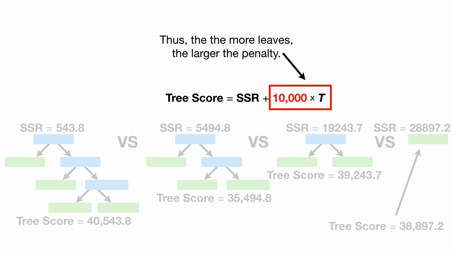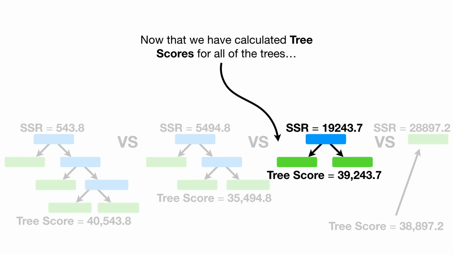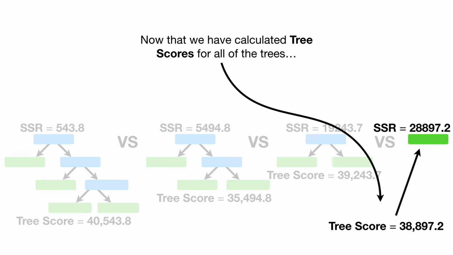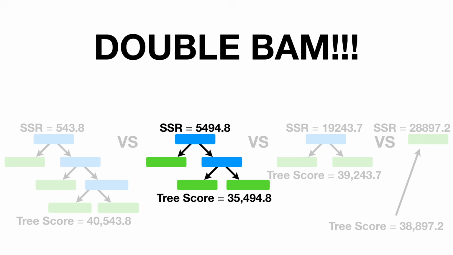Thus, the more leaves, the larger the penalty. Now that we have calculated tree scores for all of the trees, we pick this subtree because it has the lowest tree score. Double bam!